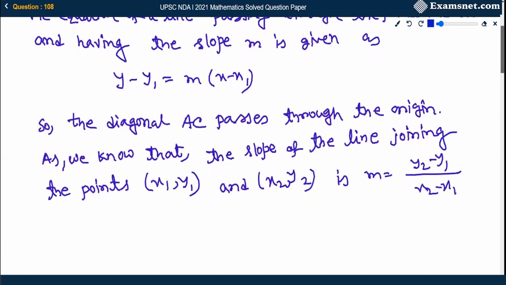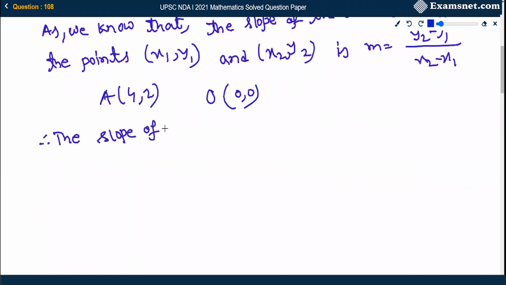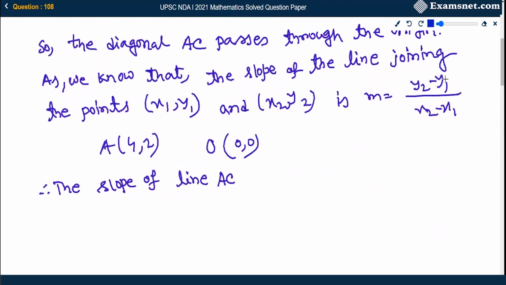Here one point is A, that is (4, 2), and another point is the origin, (0, 0). So the slope of line AC is given by (2 minus 0) over (4 minus 0), that is half.